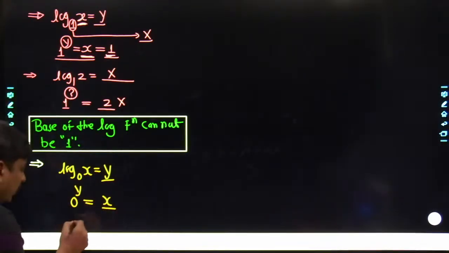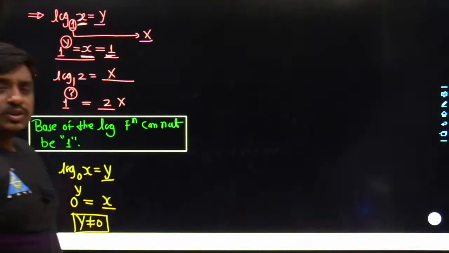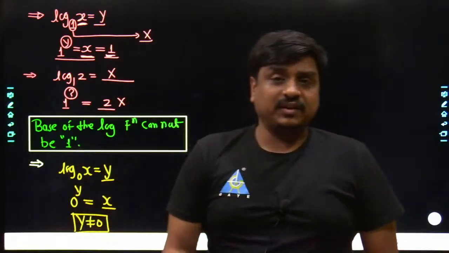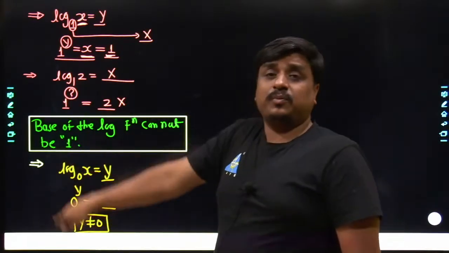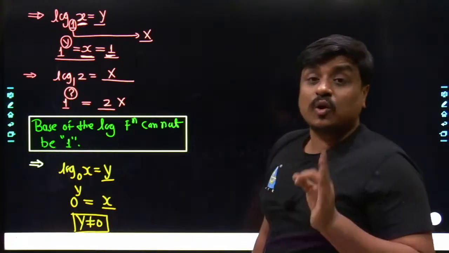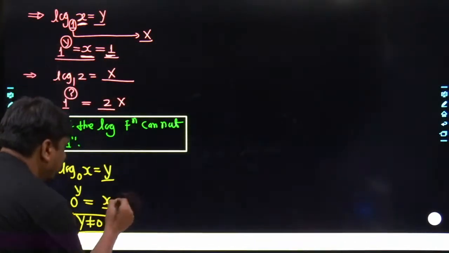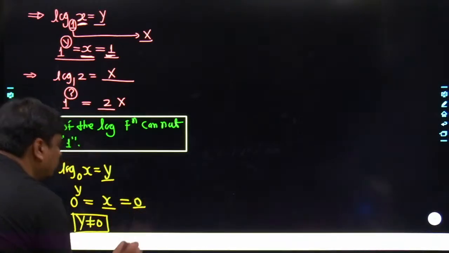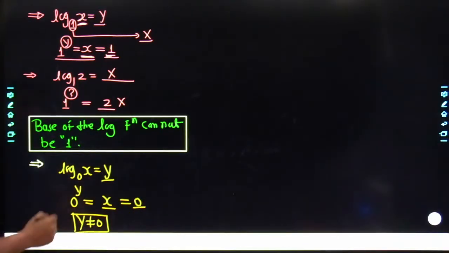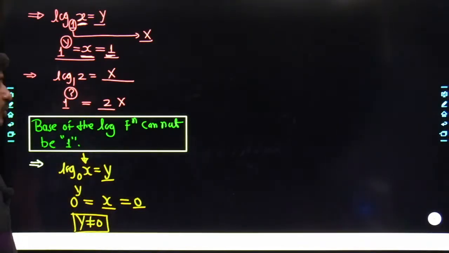Keep in mind, if y is a non-zero quantity, say 1, 2, 3, maybe 1.5, 1.6, 1.2, minus 1.5, minus 1.3, then 0 raised to a non-zero power would always be a zero value. That means x cannot be anything except 0.